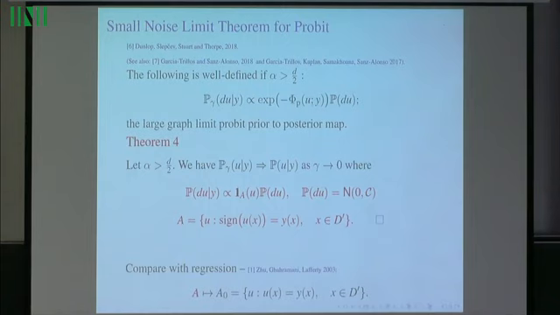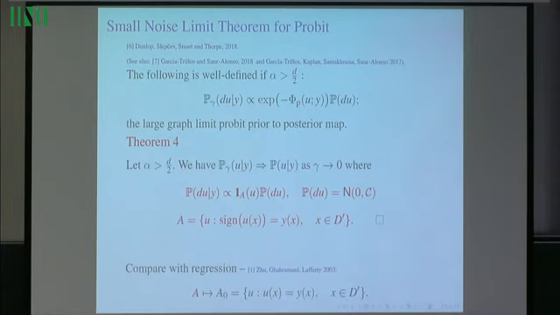And if alpha is bigger than d over 2, we call that Gaussian process P. Then our posterior is just proportional to e to the minus this probit thing times that Gaussian process. And this is the large graph limit of the prior to posterior map, or the Bayesian inverse problem.